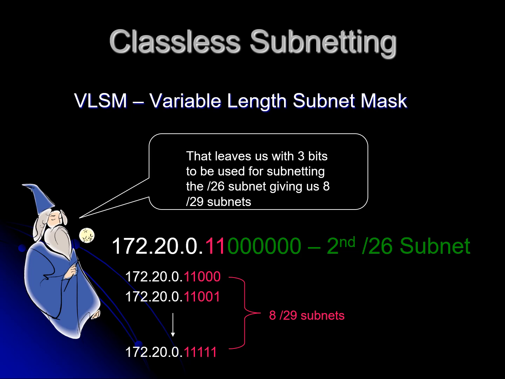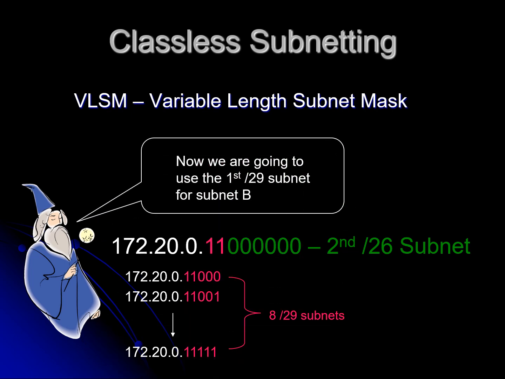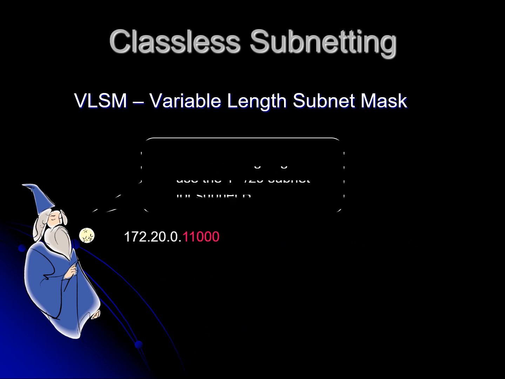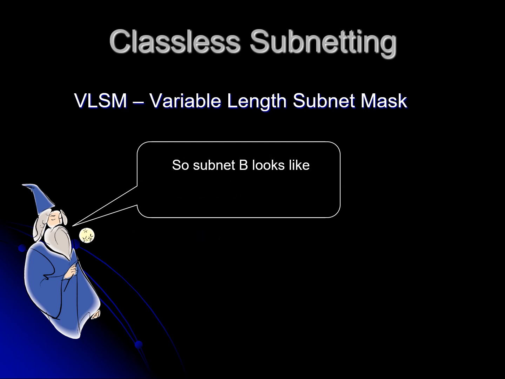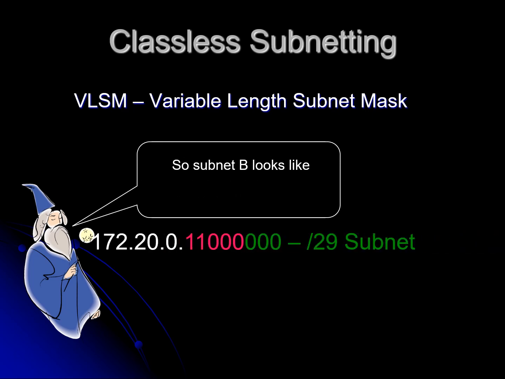So your range of network addresses, subnet addresses, will range like so, /29. Okay. So we're going to take the first /29 subnet and allocate that to subnet B, like so. So in binary, it looks like that, your /29 subnet. In decimal, your first /29 subnet will be 172.20.0.192/29. Okay.